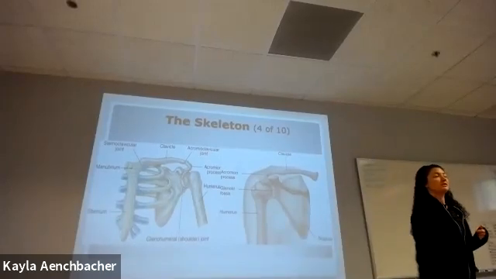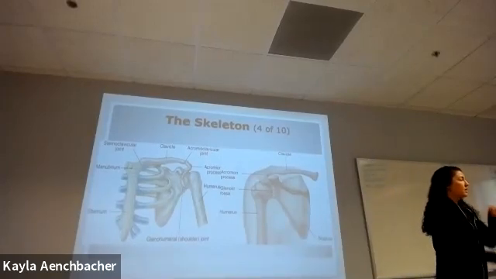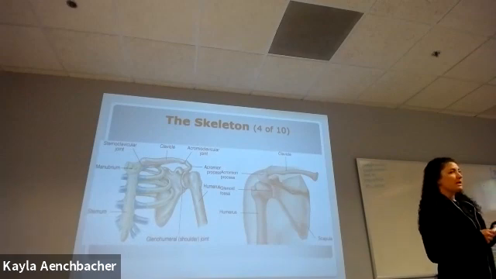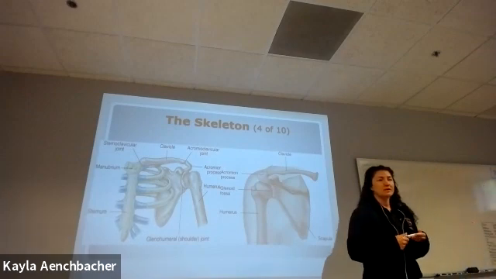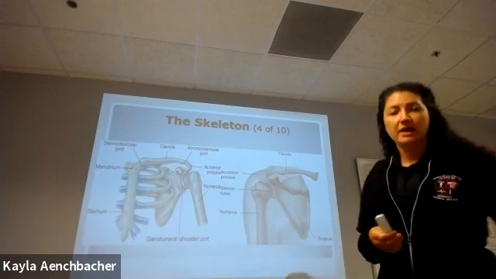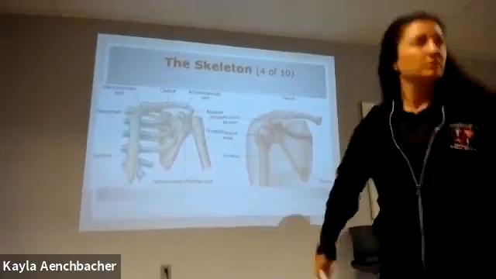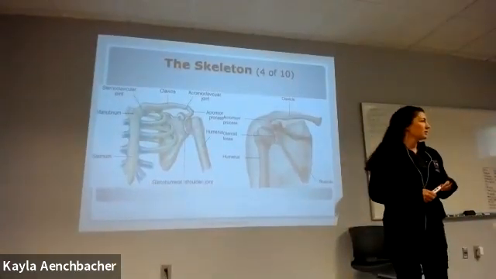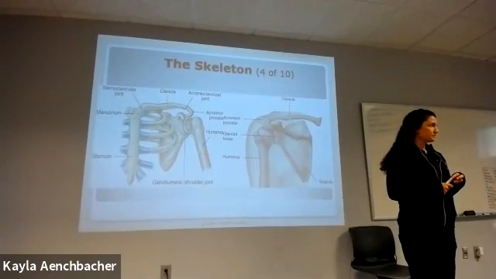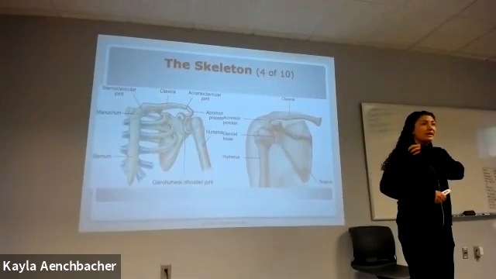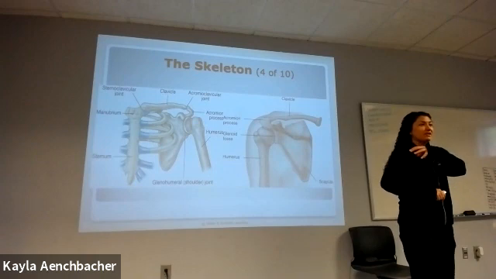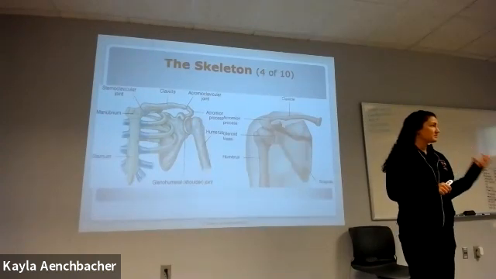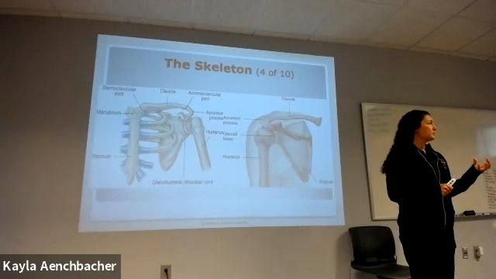We can go up, we can go down, forward, backward, all that jazz. So when we talk about injuries to the joint itself, what are some things that I'm concerned with? Okay, so dislocation, meaning what? Okay, so that humeral head can pop out of that socket. It's not where it's supposed to be. It's not sturdy. It's not stable. And we can see some movement issues.